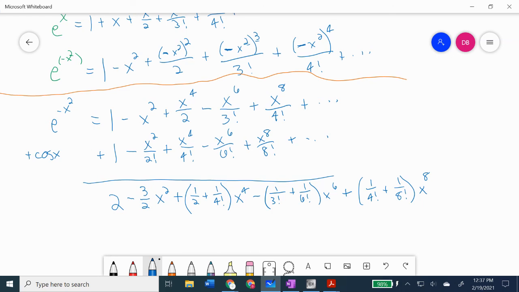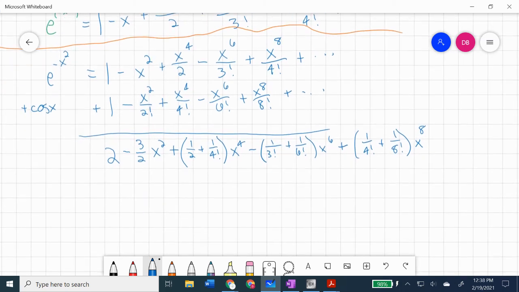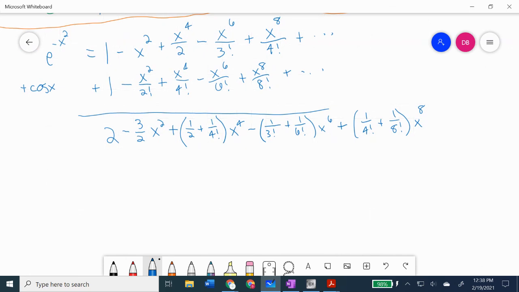Those coefficients, though, are also helping you see the formula. So this is approximately what we get with e to the negative x squared plus cosine x. e to the negative x squared plus cosine x is equal to an infinite series.